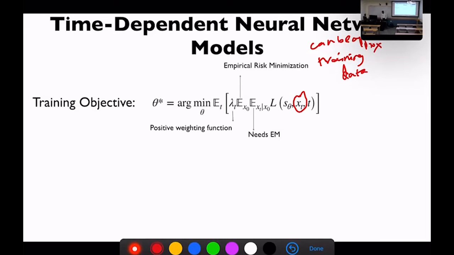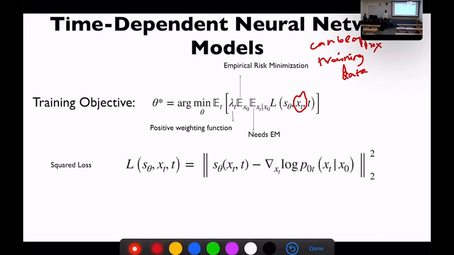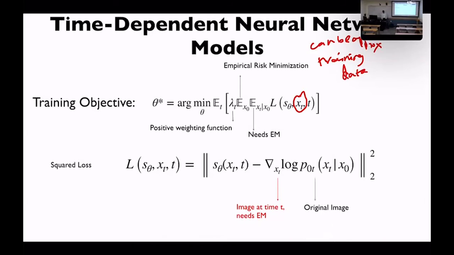So this was great, and they also, in fact, proposed exactly what we saw in the last slide: take the difference and square them. So with a loss function, x sub t is the image at time t.